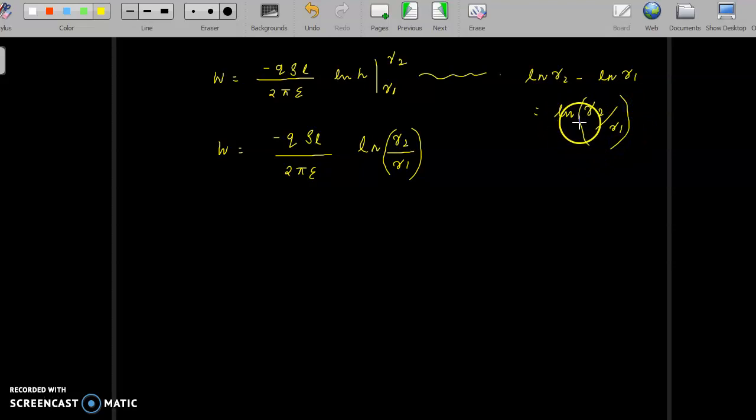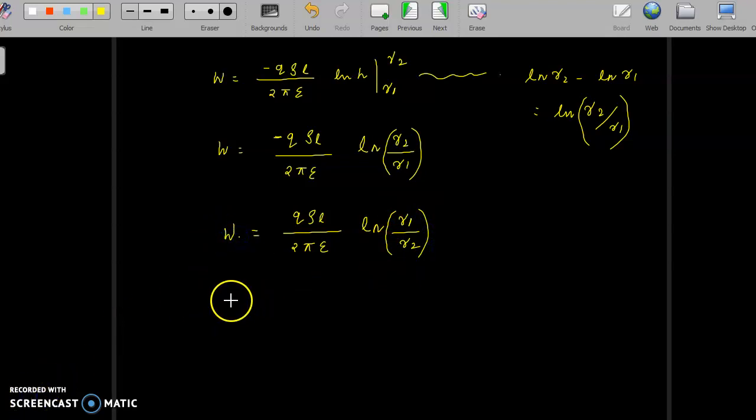Natural log is nothing but the log with base e. Now there is a minus sign here. If you take the minus sign into the natural log, it becomes Q rho L over 2 pi epsilon, and the upper and lower limits reverse: natural log of R1 by R2. This is the work done.